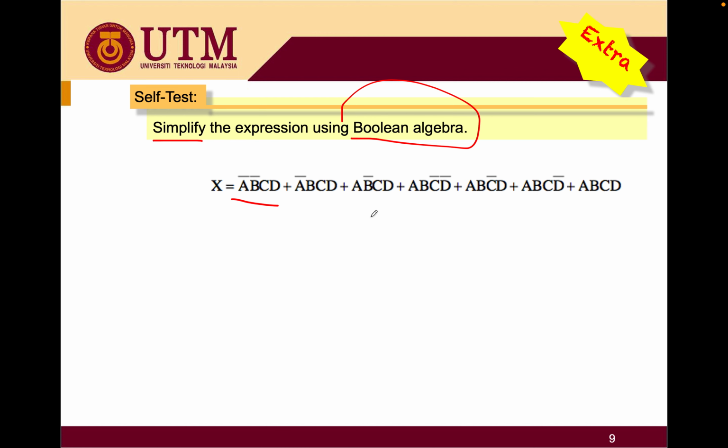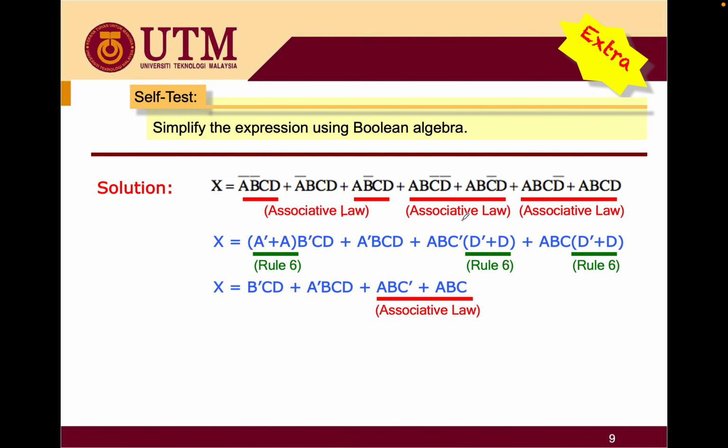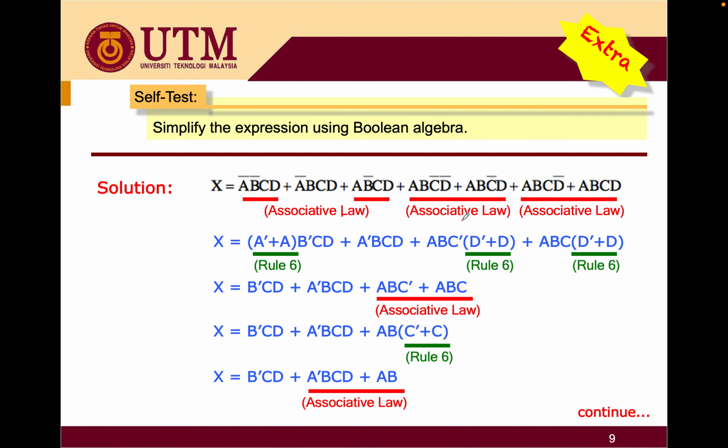If using K-map, we can map. But if you're asked to do Boolean algebra, you need to use all the rules, all the laws, if you still remember that, you need to use the theorems and so on. So no need for me to go deeper one by one. You can go through and check the answer at the end. Try to do it by yourself, because this one is from your module 4.